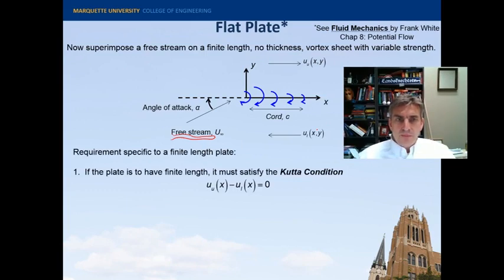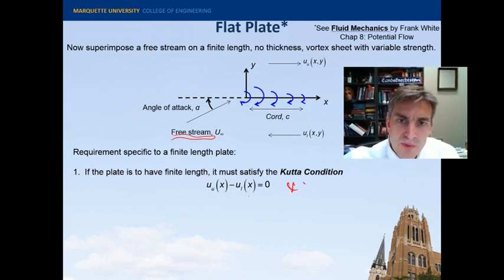So the requirement specific to the finite length plate is that we satisfy the Kutta condition, right? So that means that the upper and lower velocity evaluated at the chord length needs to be 0. So this really should be maybe at x equals c, the chord length, right?